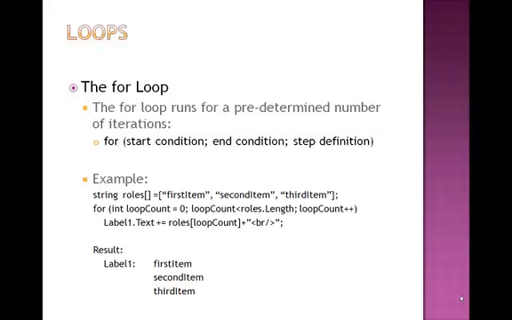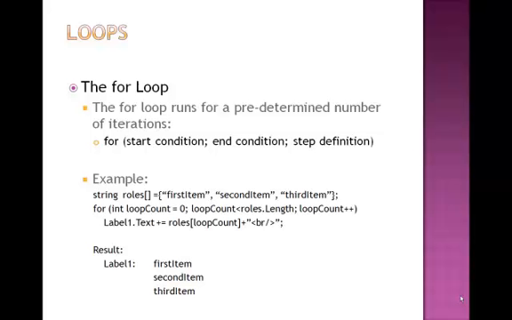So for example, let's say that you had an array of items called roles, and it had 3 strings in it: first item, second item, and third item. You can create a for loop with a start condition of 0, and you want it to run for the length of your array, which is 3.